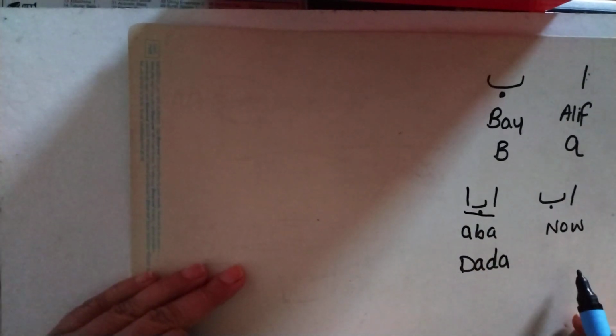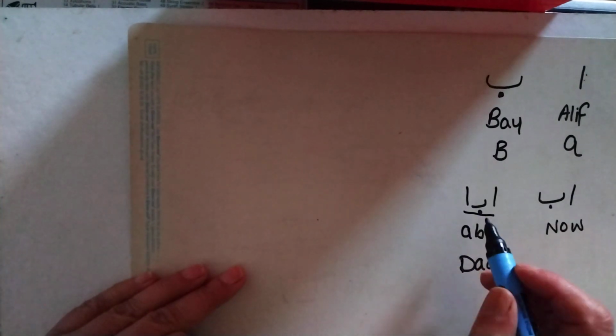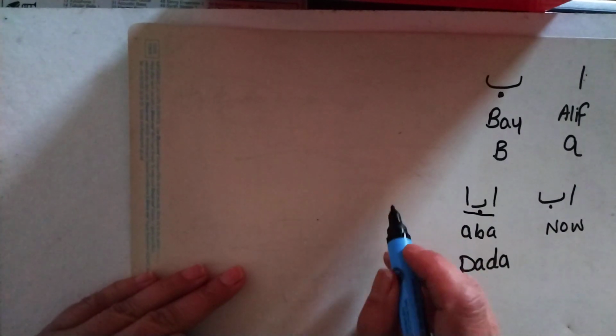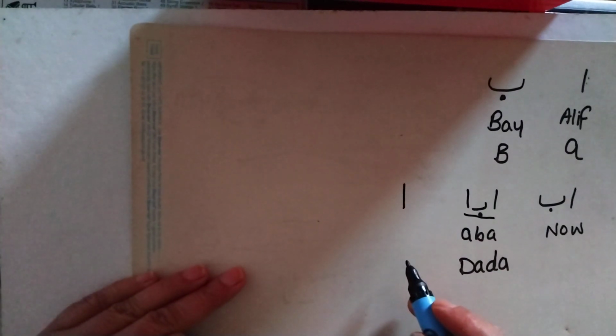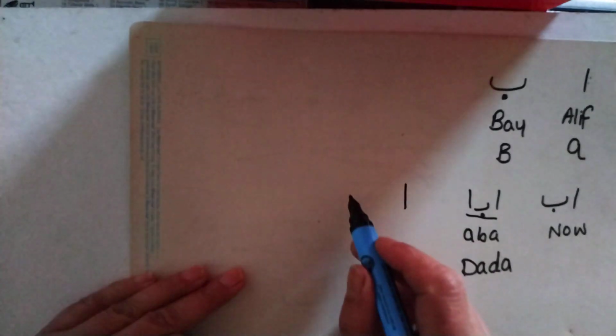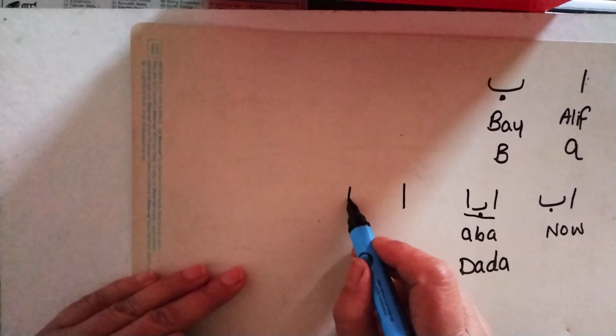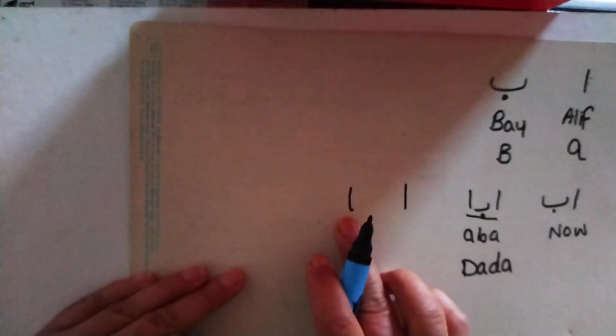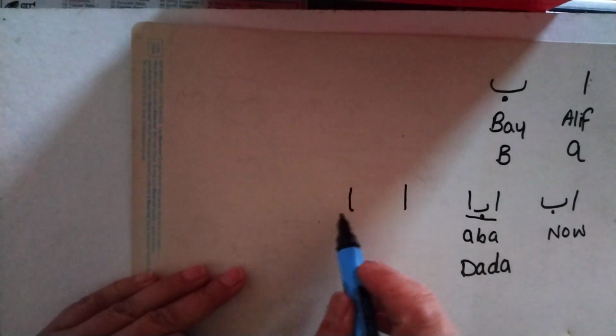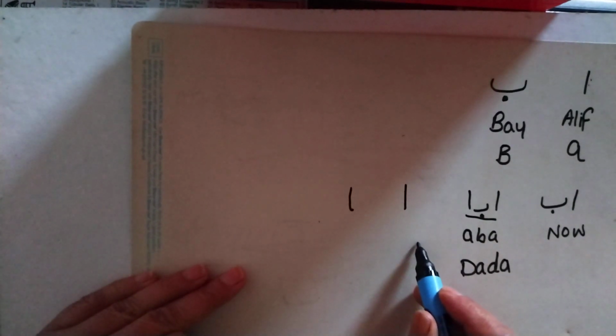And did you notice how I wrote the B? When it comes in the middle, the B changes its shape. So Alif stays the same. When it comes in the middle or joins with another letter, it only turns slightly, and when it comes at the end, the B changes its shape.